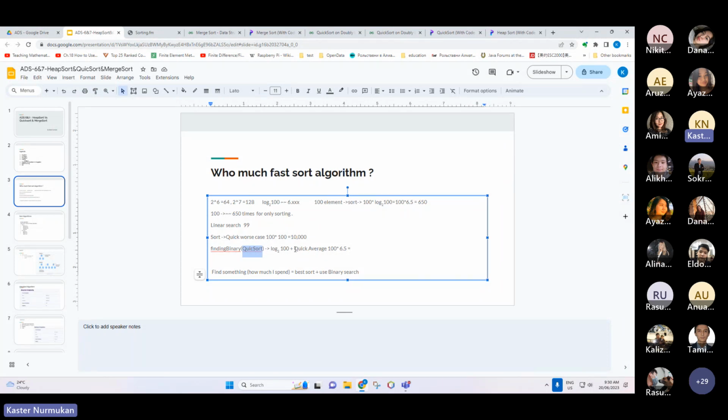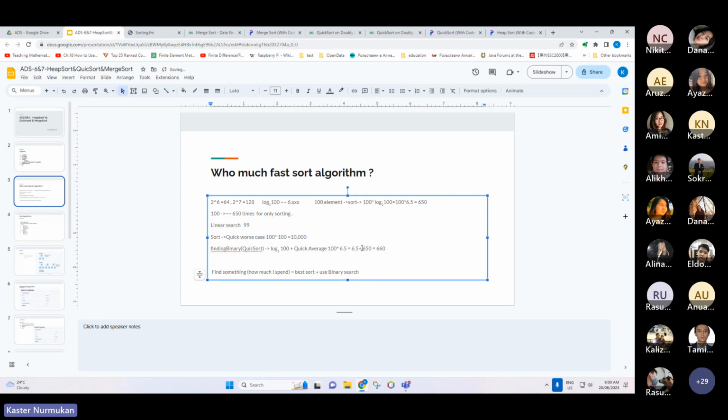n log n time, n is 100, log of 100 is 6. Let's say 6.5 plus 650. So approximately, let's say 606, right?